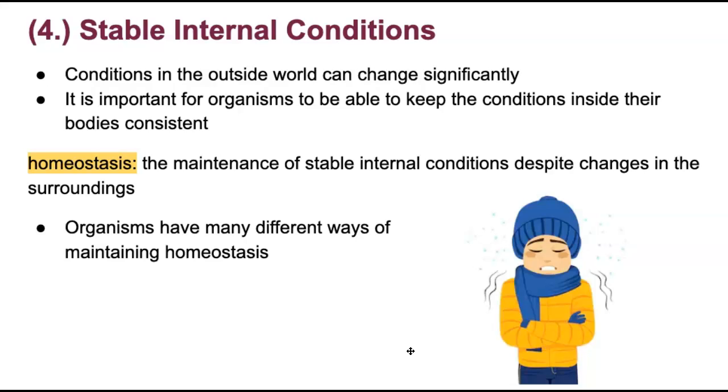And there are lots of different ways that the body helps to maintain homeostasis, to stay constant on the inside. The picture on the screen shows a person shaking, and that's actually one of the body's ways of maintaining an even temperature, a warm temperature on the inside of its body, even though it might be cold outside. When your body shakes and shivers, it's producing heat, and that heat helps to keep you warm.